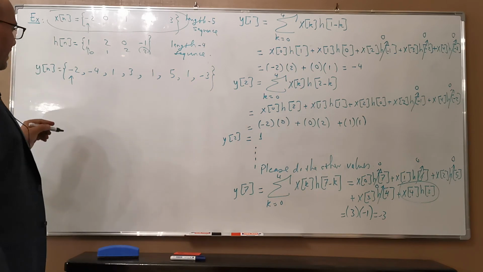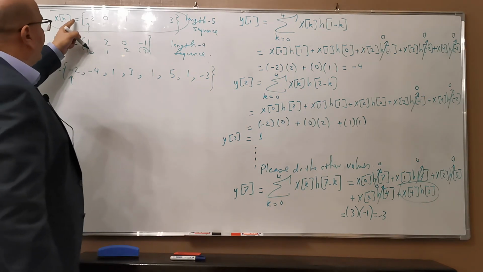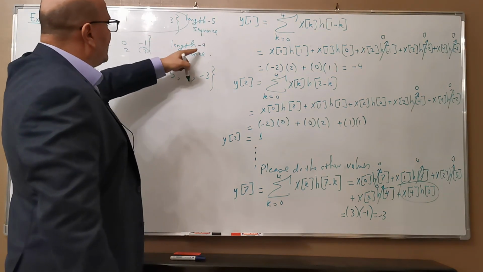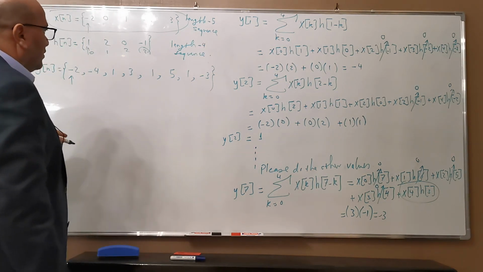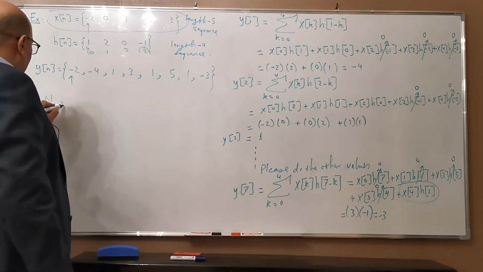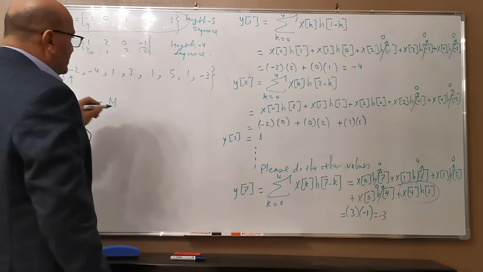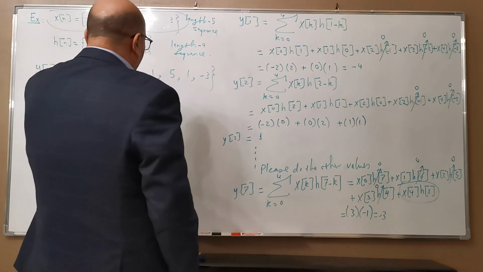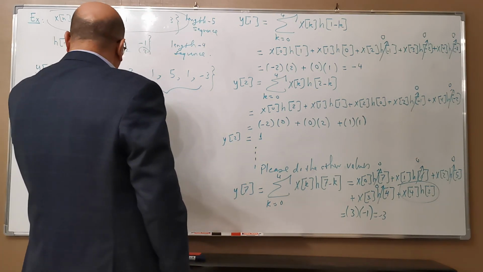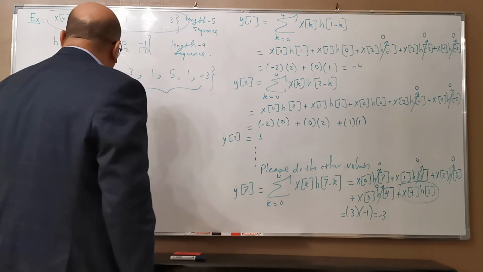Notice first that when you have 5 elements here, 4 elements, then the sum of n1 plus n2 minus 1 is equal to m, which is the length of this sequence.